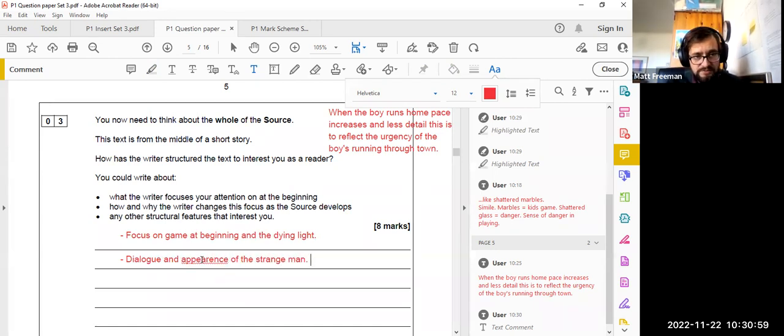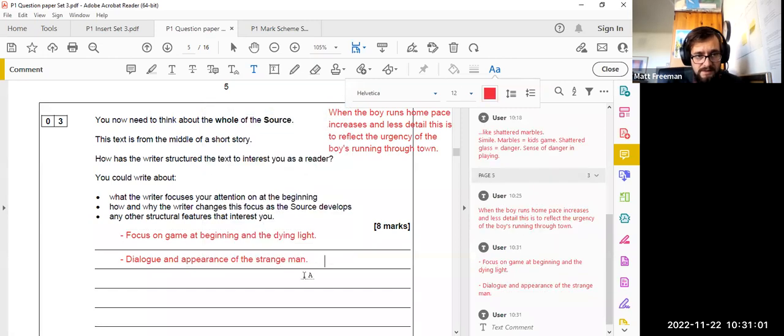Dialogue and the appearance of the strange man. And finally, return to where it started, the mound. So those are my three focal points. Going through the story, those are the three focal shifts that matter the most, as far as I'm concerned.